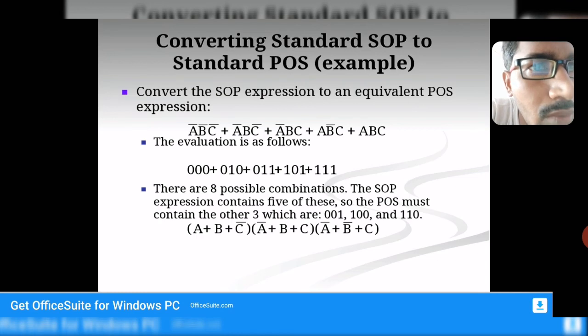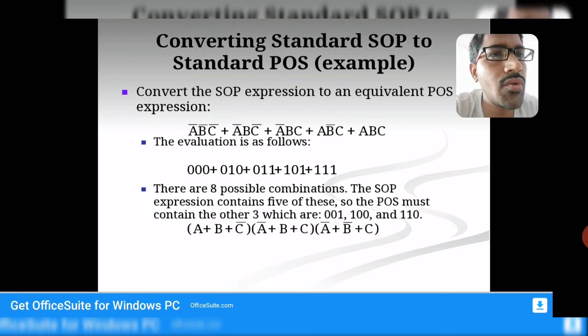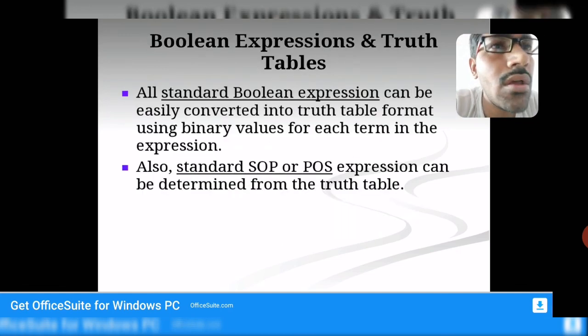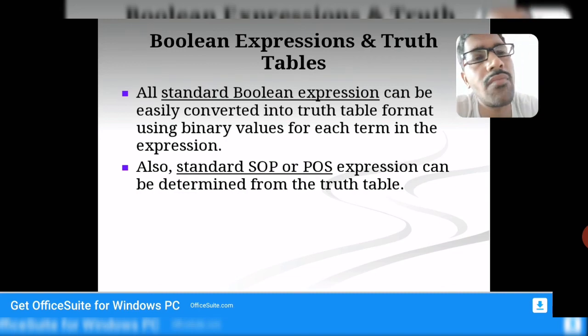So 001 means A + B + C'. 100 means A' + B + C, and 110 means A' + B' + C. So this is a way to convert a Boolean expression into product of sum terms, but there is a simpler way we will discuss in the next class, next slide. Thank you.